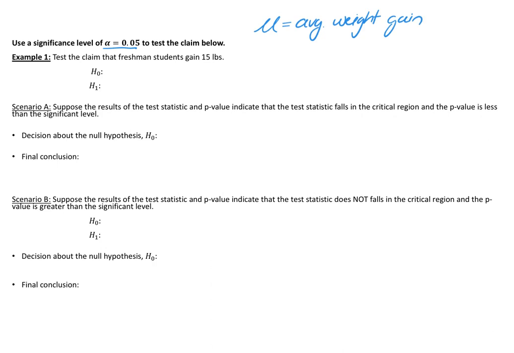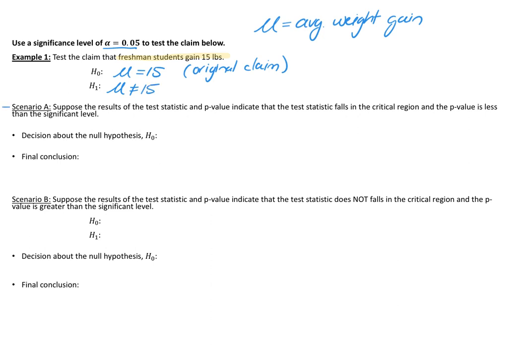We are going to test the claim that freshman students gain 15 pounds. This is the original claim. Since it contains equality, I'm going to write it in the null hypothesis, and keep track here that this is the original claim. The alternative hypothesis would be that mu is not 15 pounds.